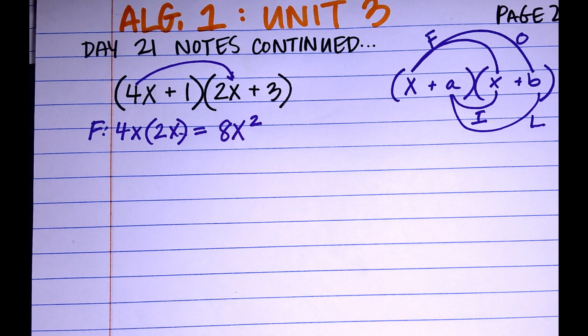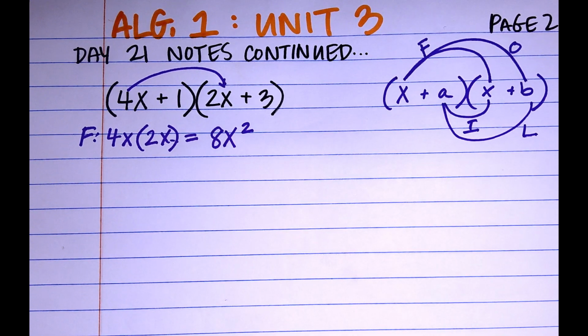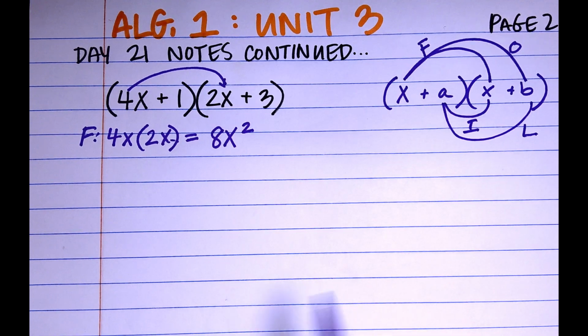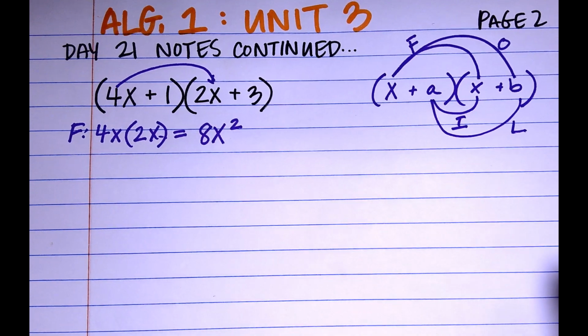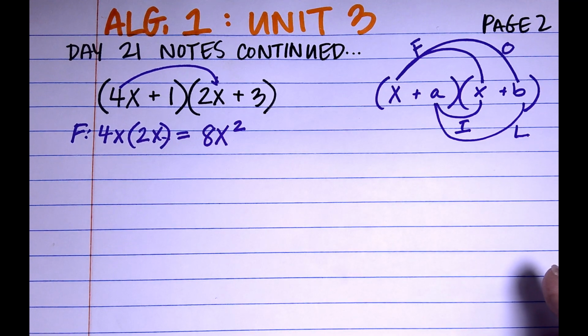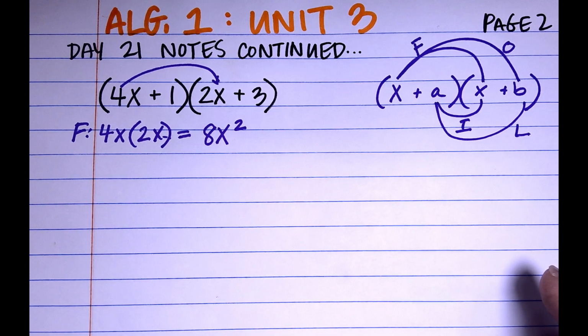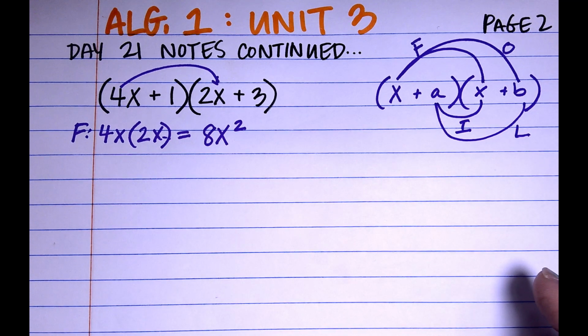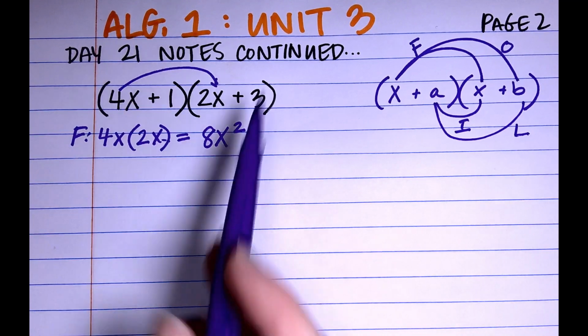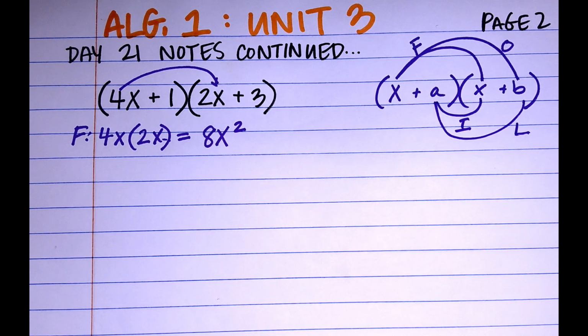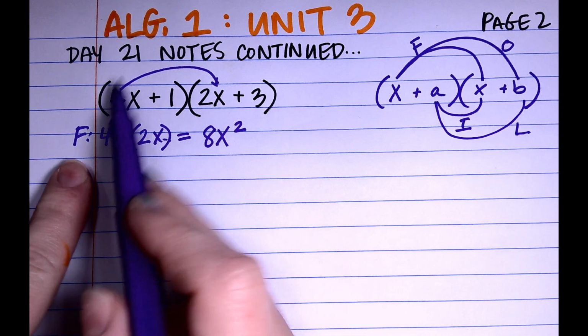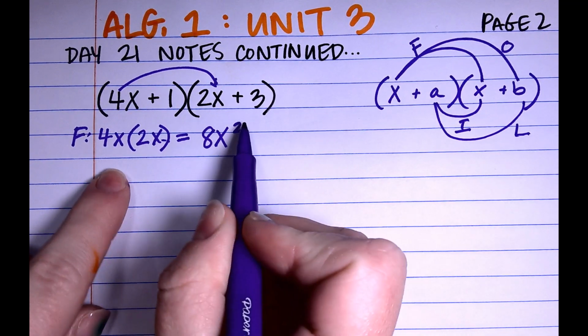When we're combining like terms, they don't. When we're multiplying, they do.